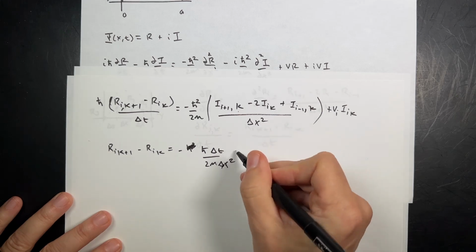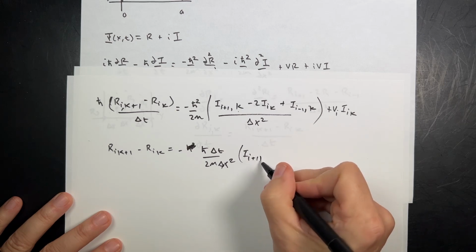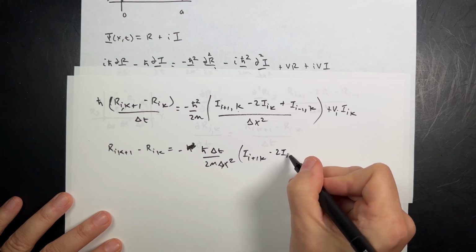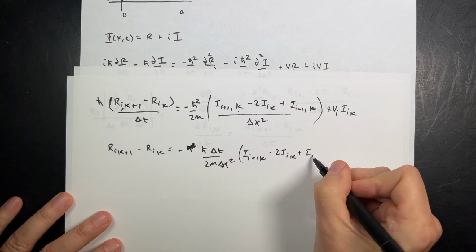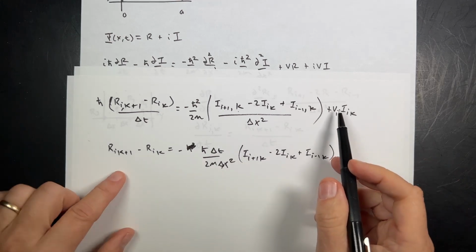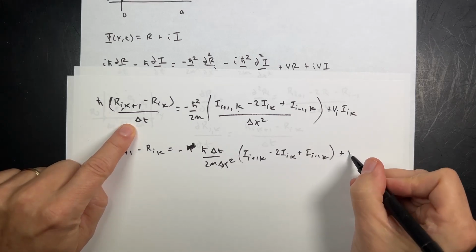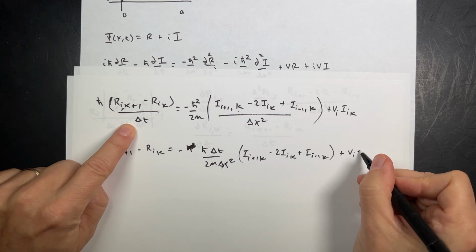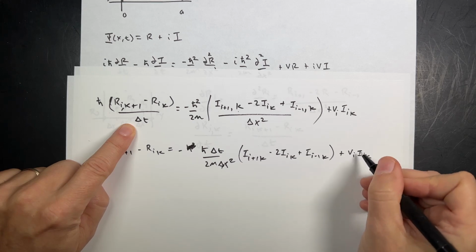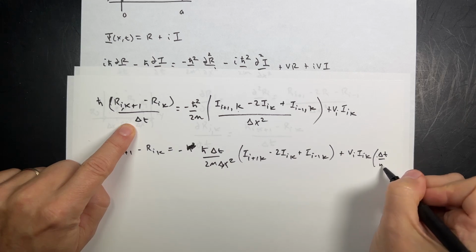I'm going to factor that out, times i_(i+1)^k minus 2 i_i^k plus i_(i-1)^k. And then this term right here, I'm multiplying by delta t over h bar, so I get plus v_i i_i^k. I should have put the delta t over h bar.